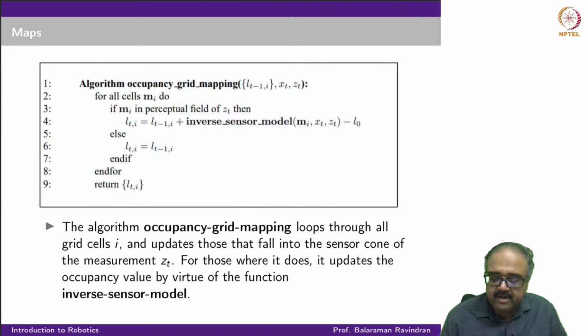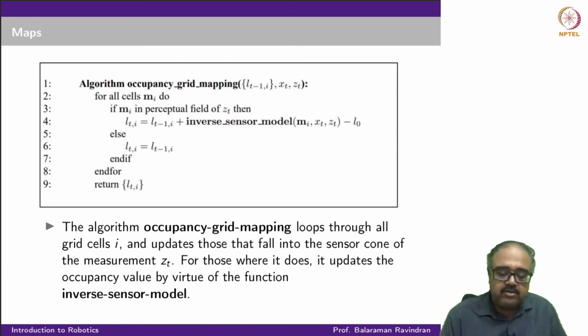And if it is outside the perceptual field of zt, that means I can't make any estimate about whether cell i is occupied or not. If it's outside the perceptual field of zt, then I leave the likelihood as it is. So the new belief state is the same as the old belief state because I have not made any measurement on cell i for me to change this.